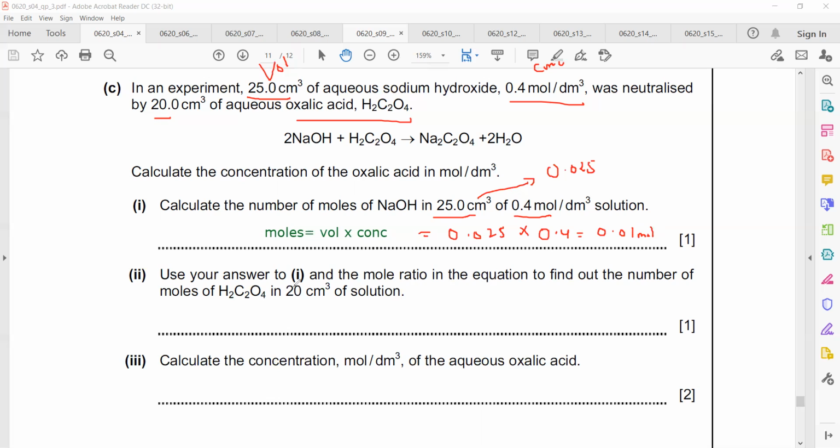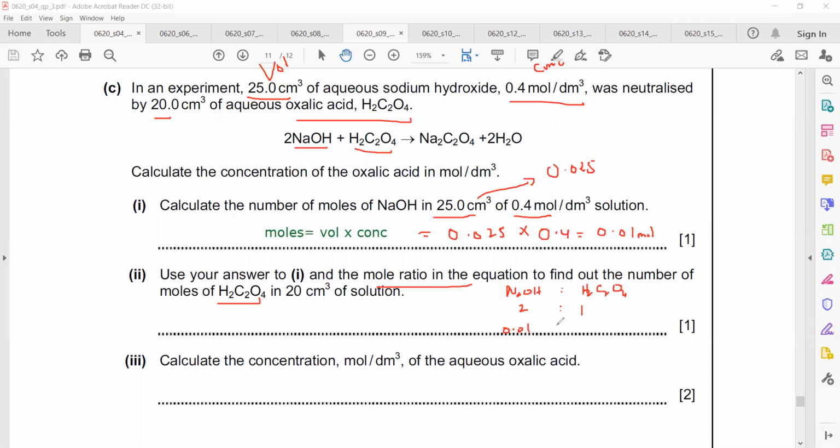Then use your answer in part 1, the mole ratio, to find the moles of H2C2O4, oxalic acid. What is the ratio of sodium hydroxide and oxalic acid? The mole ratio. 2:1. So if you have sodium hydroxide and oxalic acid, when you write the moles, the ratio is 2:1.